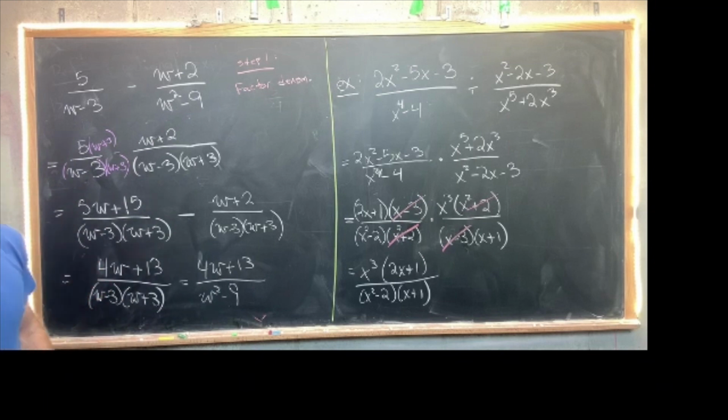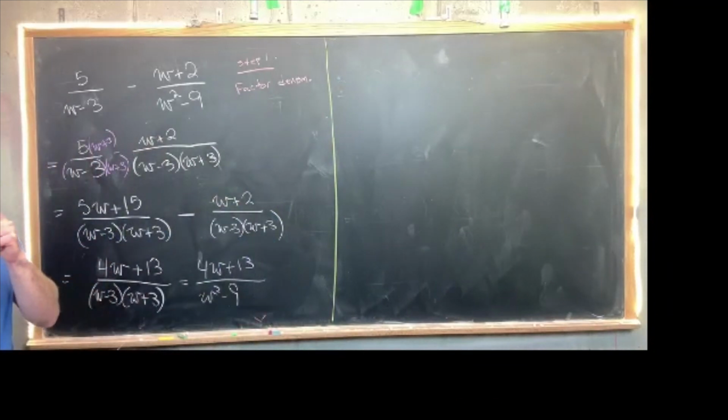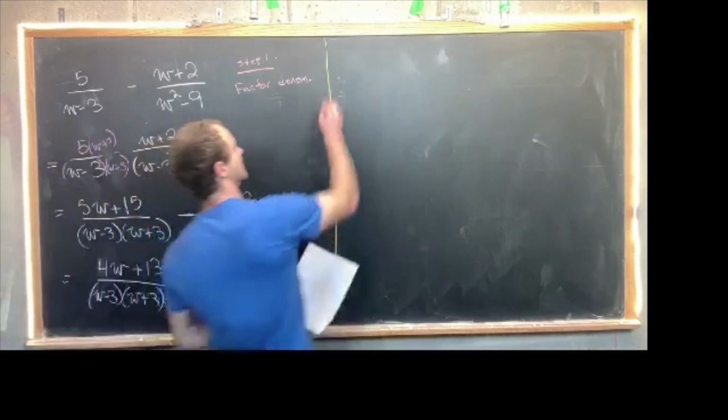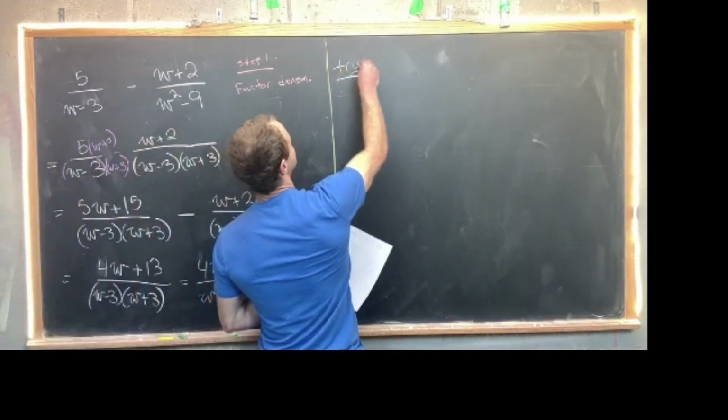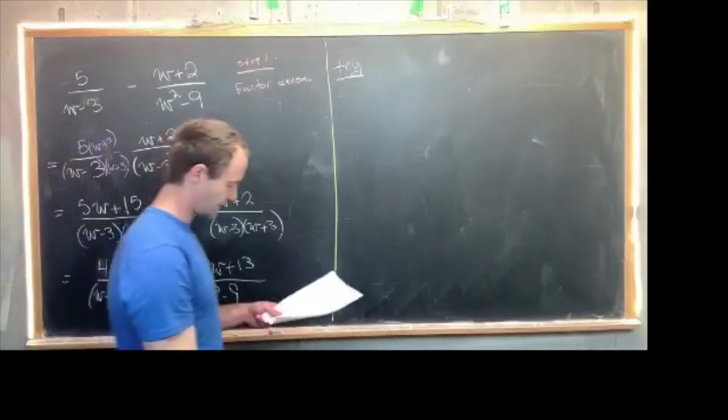Okay, so let's take a second to try two problems that are in the same vein as these. So let's try this first one, which is a division problem involving these polynomials.